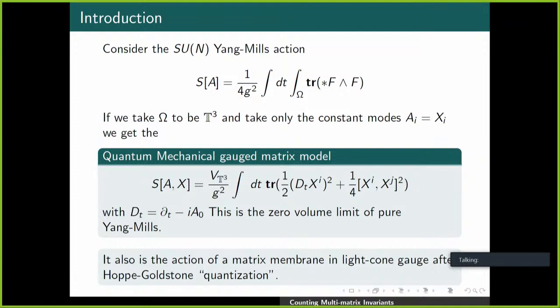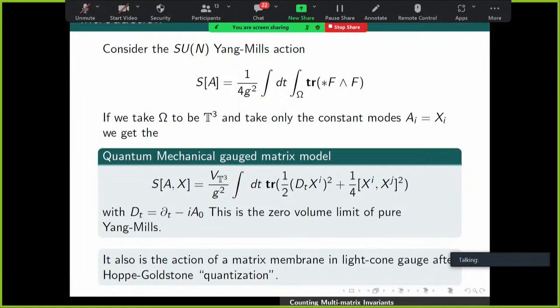If I compactify it on T3, the three-torus, and I just take the constant modes in that compactification, I get a dimensional reduction of Yang-Mills to 0+1, where time is the only variable left. I get a multi-matrix model, which I've written here below.